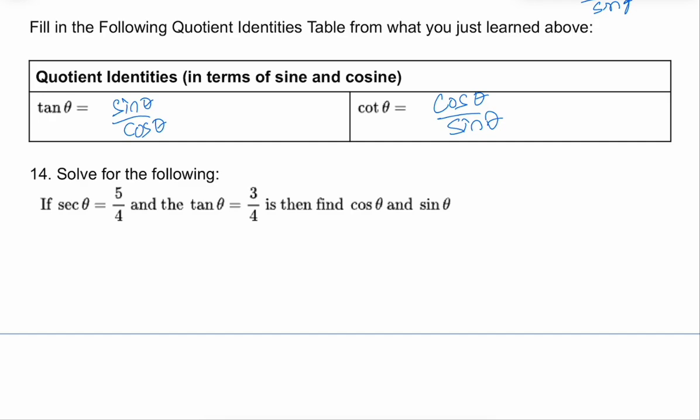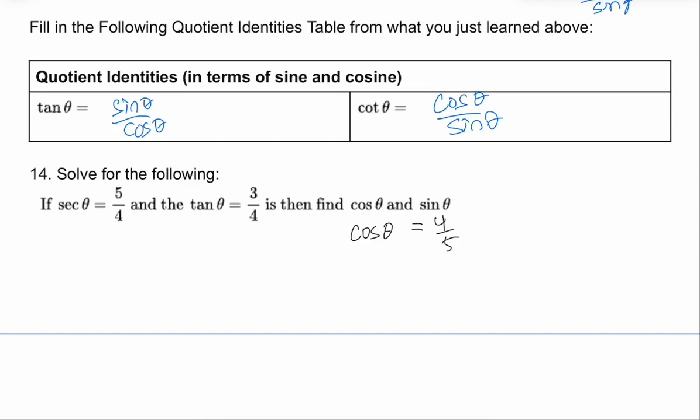Which one of these facts leads us very clearly to one of the things we're looking for? One of these facts helps us find one of these in a blink of an eye. Which one? The secant tells us what? It is the reciprocal of our cosine. So I immediately know that the cosine is the reciprocal, 4 over 5.